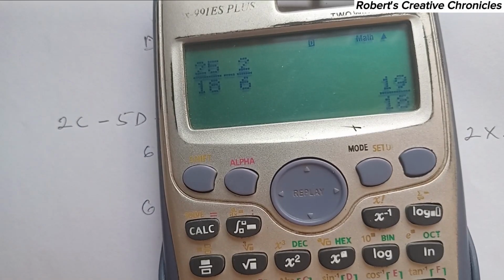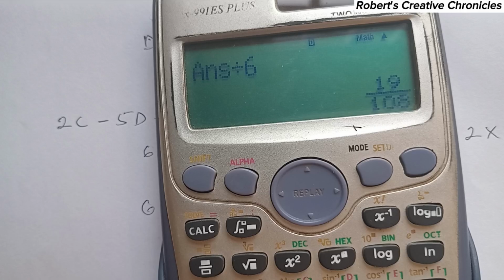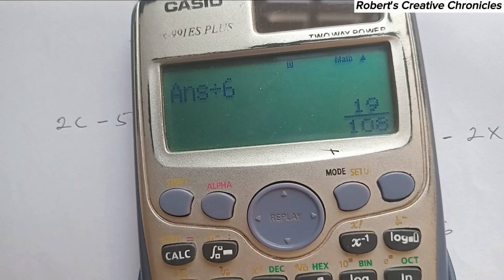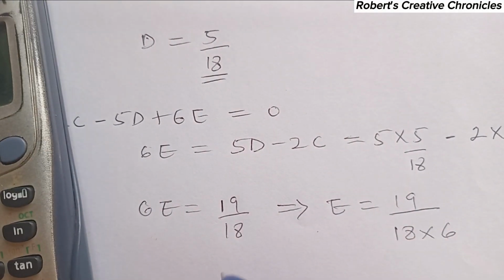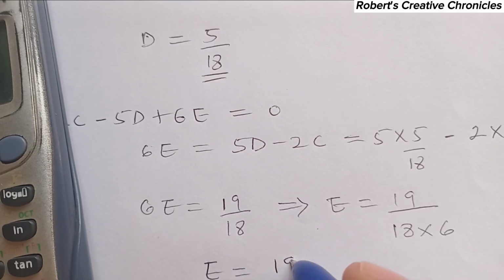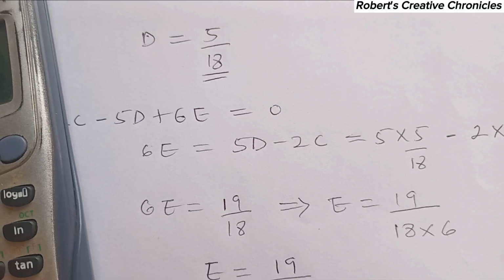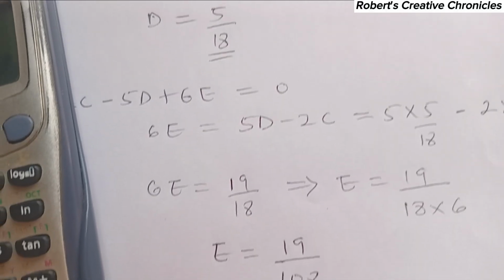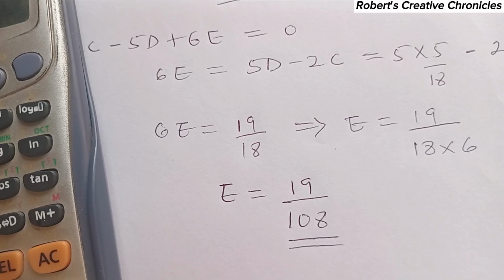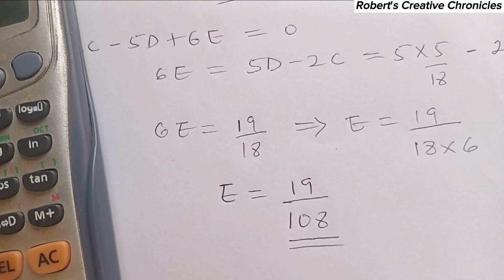So this is 19 over 18 divided by 6. This is 19 over 108. So we have found c, d, and e.